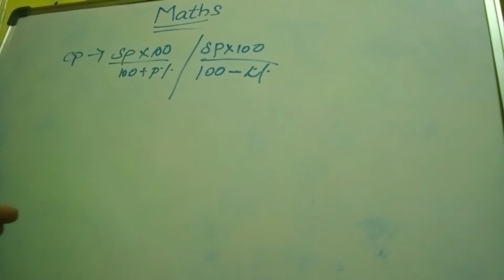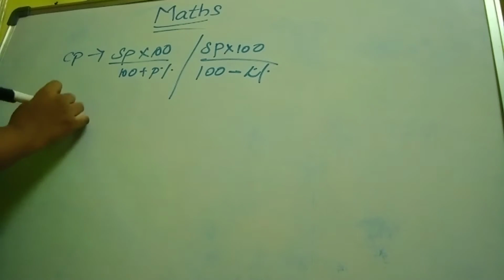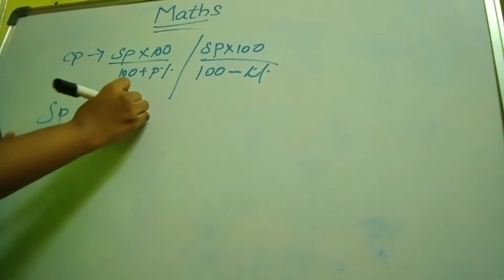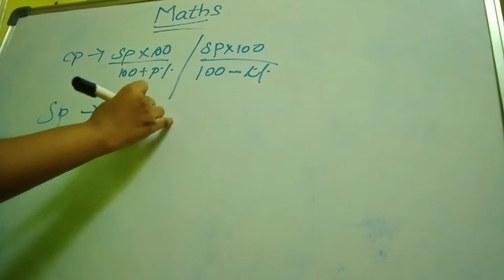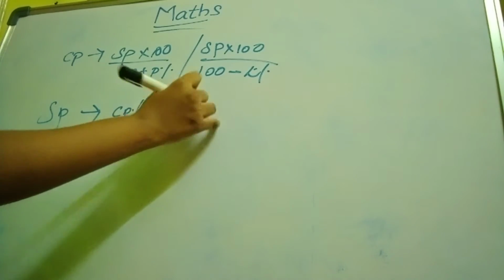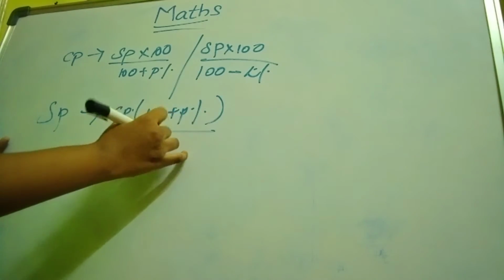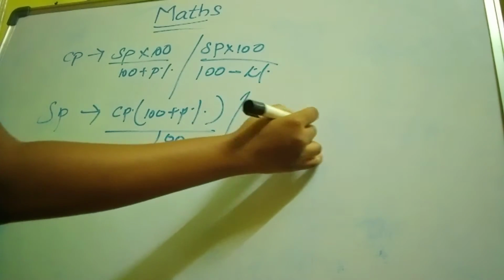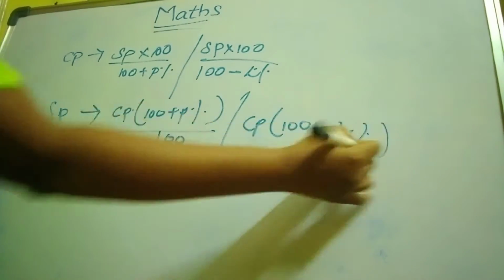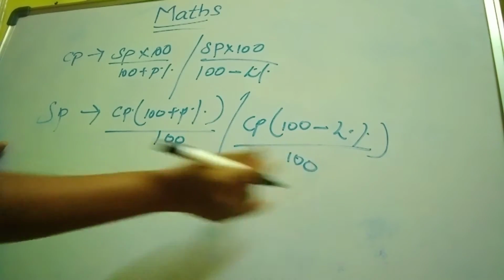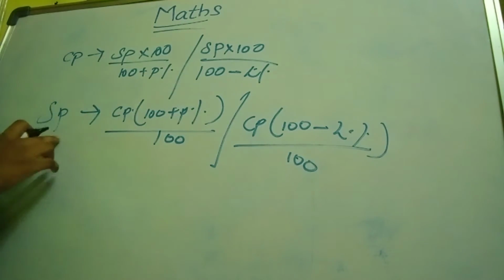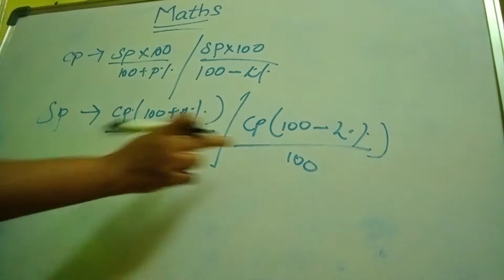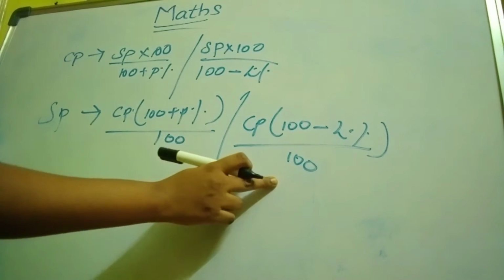Now how to find SP? CP into 100 plus profit percentage by 100, or CP into 100 minus loss percentage by 100. If they have given profit percentage, we find SP in the first method. If they have given loss percentage, we find it in the second method.